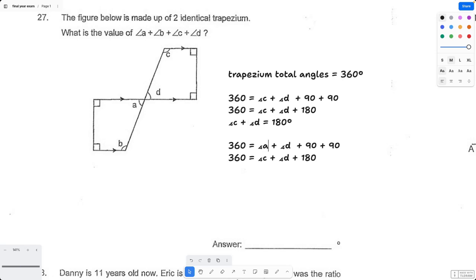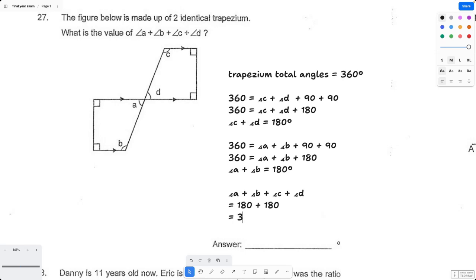So in this case, the same A plus B plus 90, right? So in this case, B, C, and D will be A and B, right? A and B. Okay, so with that, angle A plus B plus C plus D is equal to 180 plus 180, and that is equal to 360.